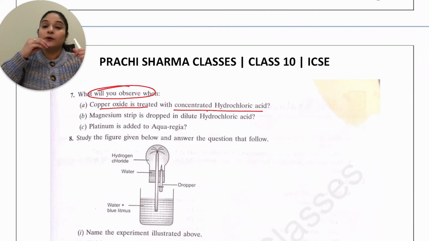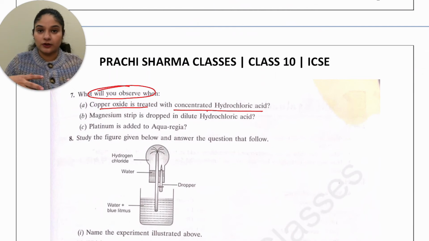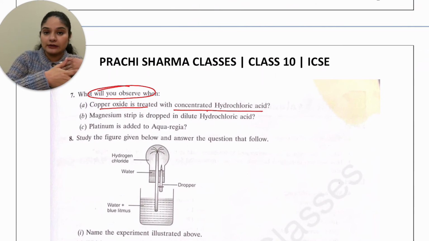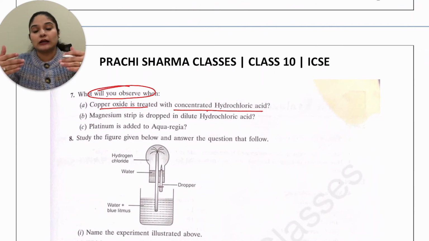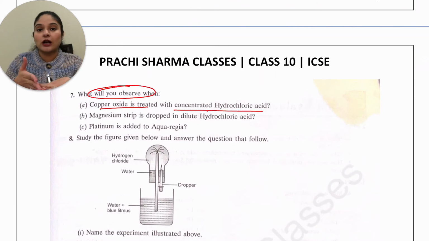A blue solution is created, and along with the blue solution we see a greenish yellow gas liberated, and this gas turns moist starch iodide paper blue black. That means chlorine gas is liberated, because copper oxide, as we did in one of the multiple choice questions, is an oxidizing agent. So when an oxidizing agent works with HCl, you get chlorine gas out.